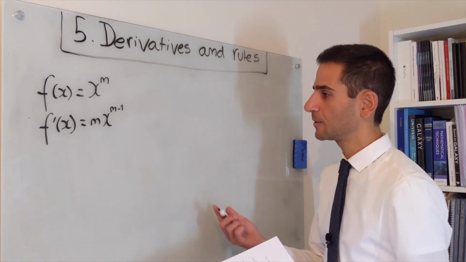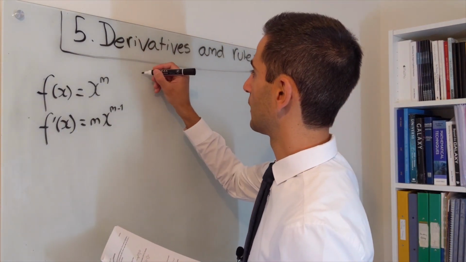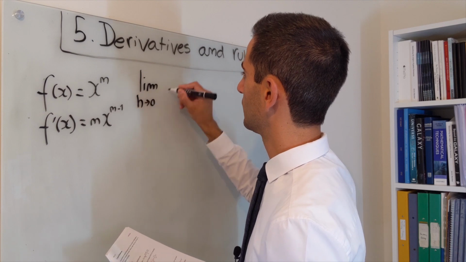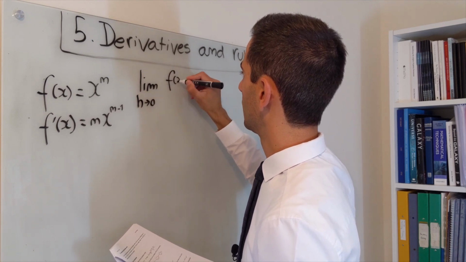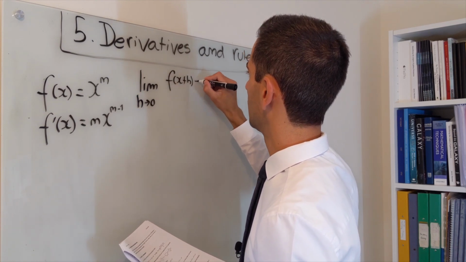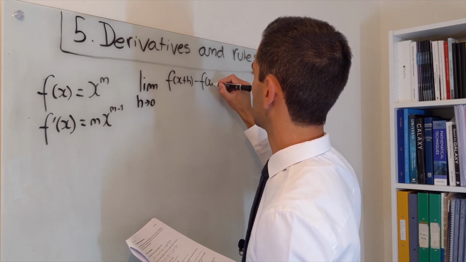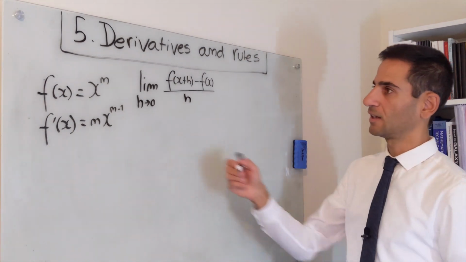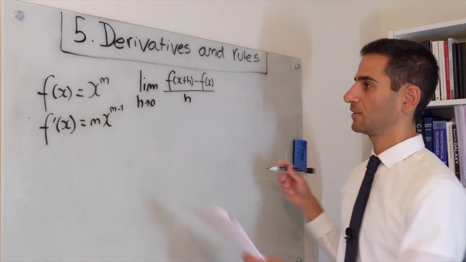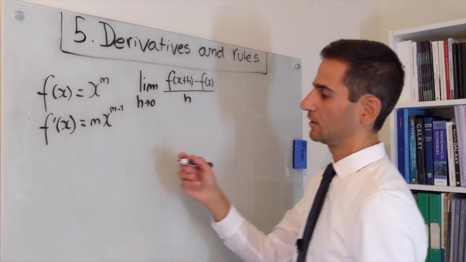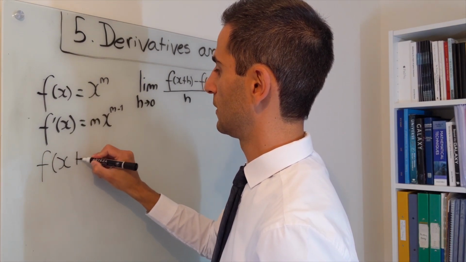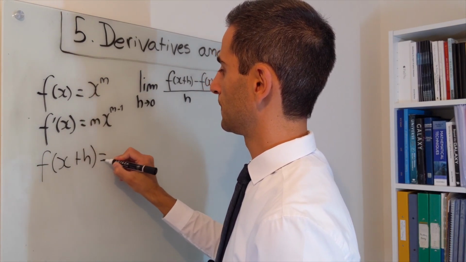Differentiating from first principles, remember, means calculating the limit when h goes to 0 of f(x plus h) minus f(x) over h. In this case, f(x) is obvious, and what we need to know is how to get f(x plus h).